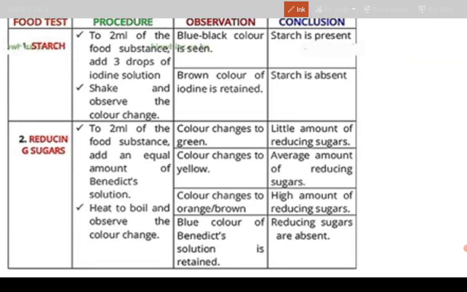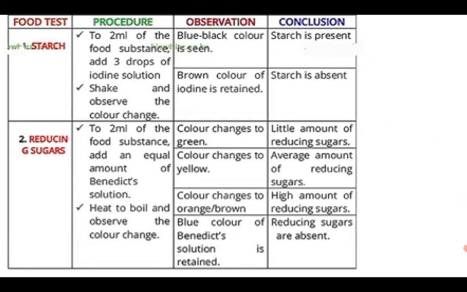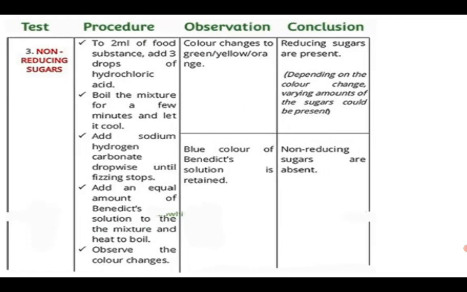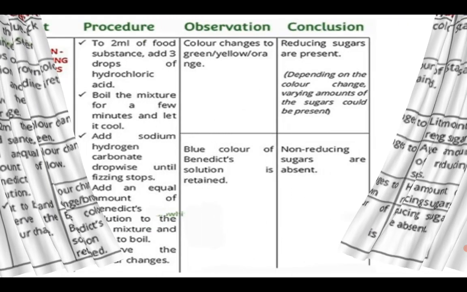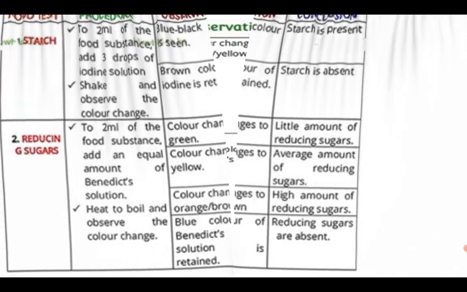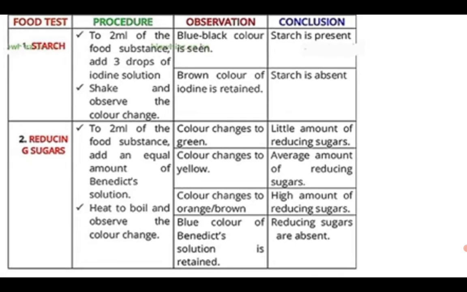As candidates, you need to be able to first carry out the test and also make inferences, like deductions, whether the food nutrient is present or not present. So let's look at how you will test a food sample for starch. How can you tell that a given food sample contains starch?